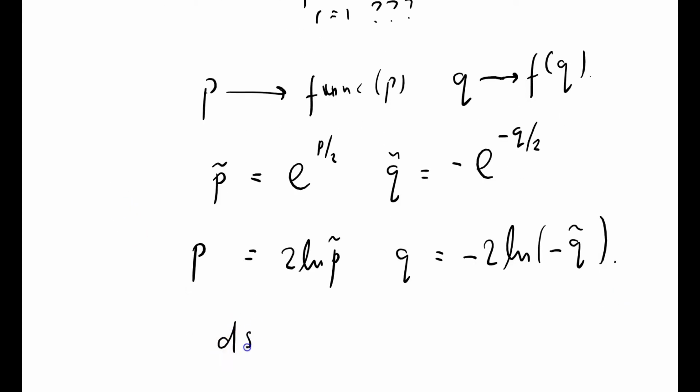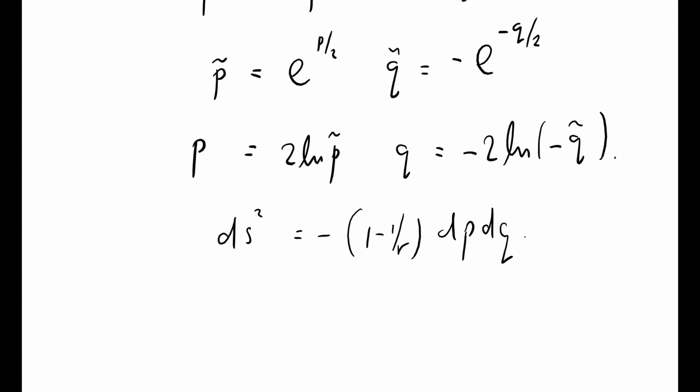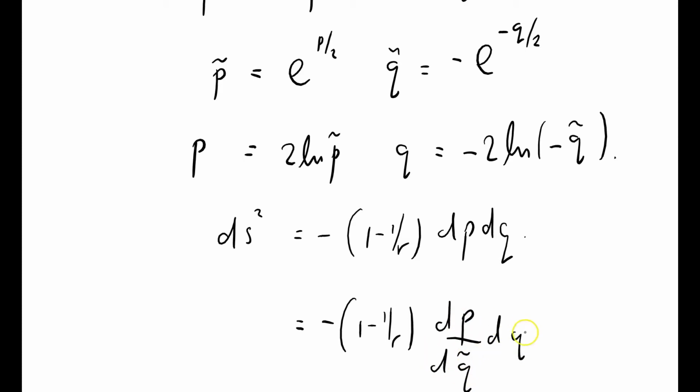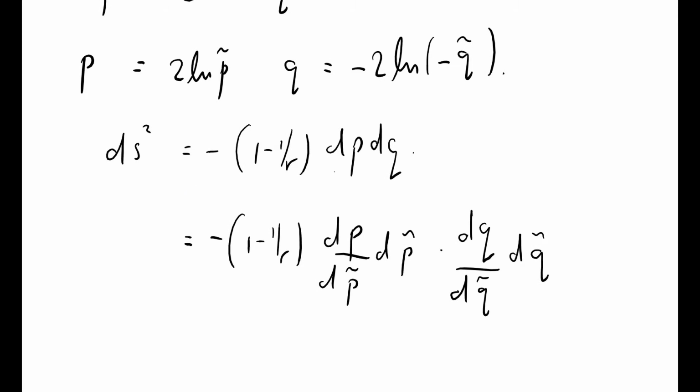So now when we look at our metric tensor, minus 1 over r dp dq, I want to express it in terms of p tilde and q tilde. So it's minus 1 over r times dp by dp tilde dp tilde for that term there, times dq by dq tilde dq tilde, because they're just univariate transformations. And of course now we can substitute from these guys here.